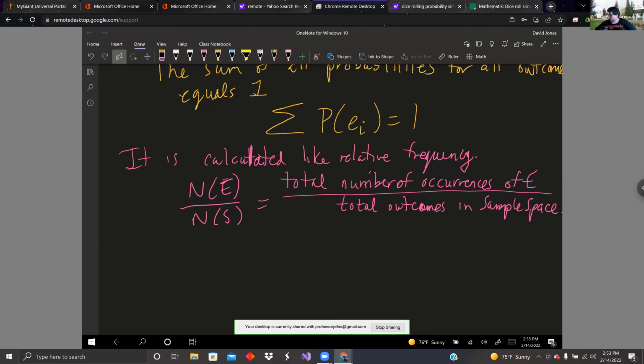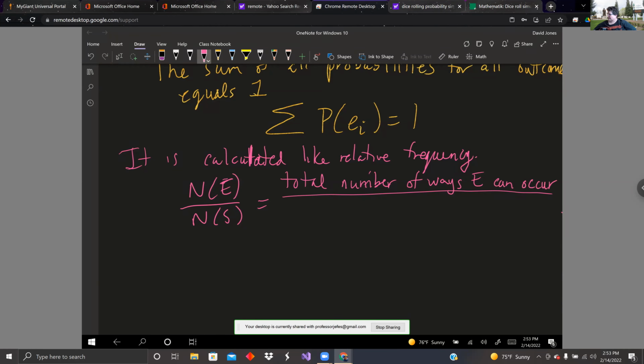Oop, nope. Total. How do I want to say this? I want to change the way I worded this because it sounds more like relative frequency. Total number of ways E can occur, because it hasn't happened yet.